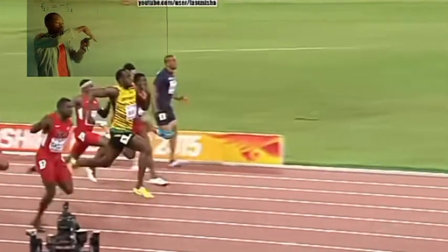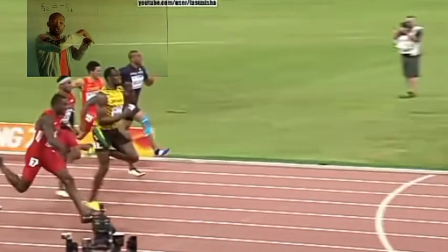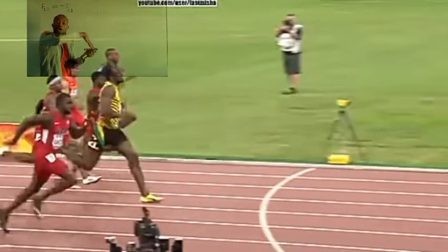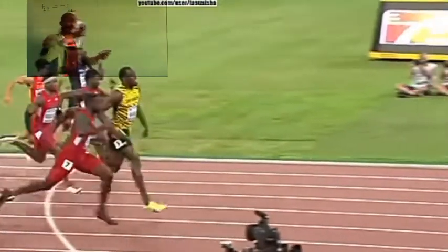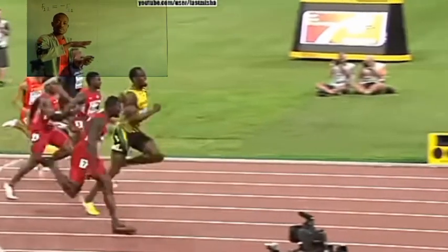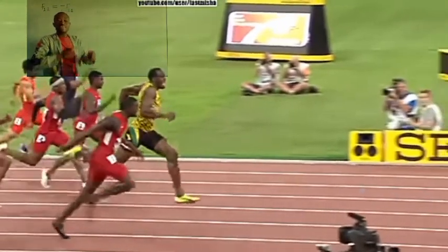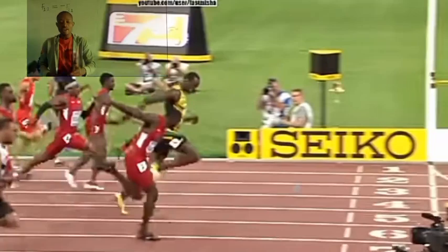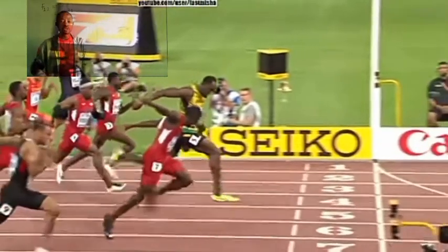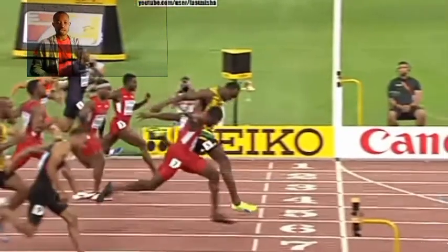The reason is to help this ridge part of their foot press back on the ground, and then the ground helps to do what? To push them forward. So this is a live application of Newton's third law of motion, that every action will produce equal but opposite reaction.